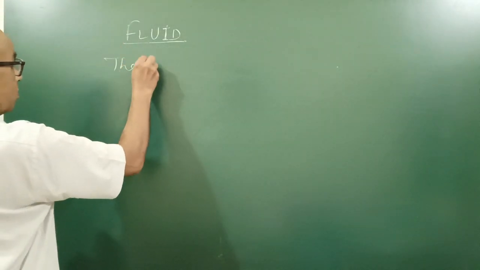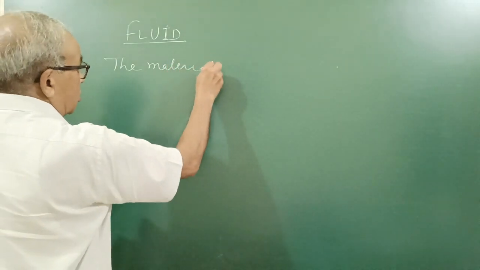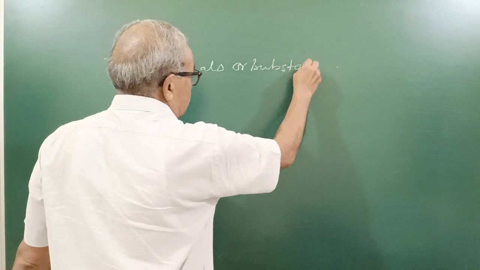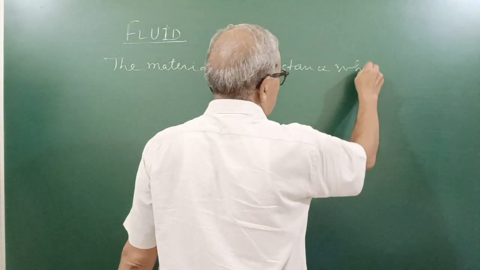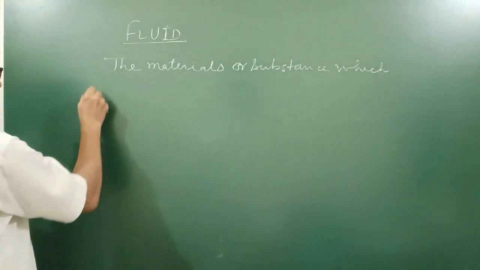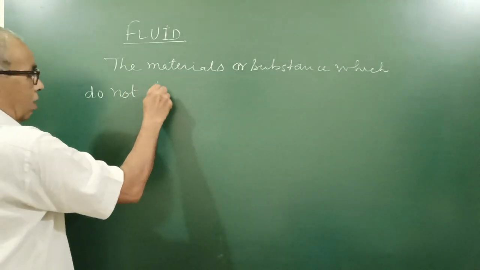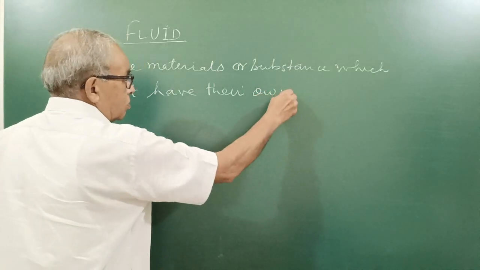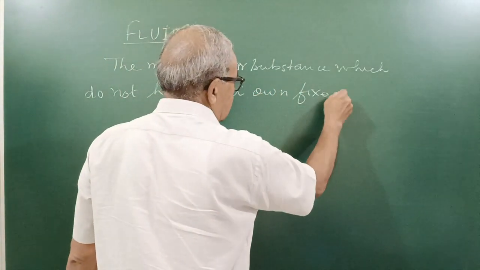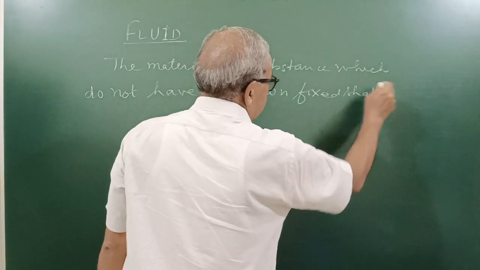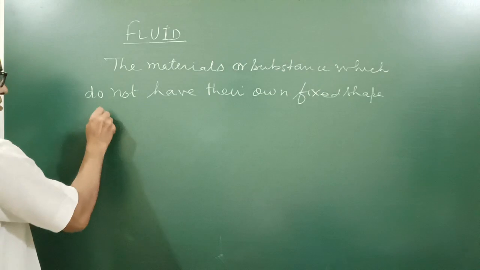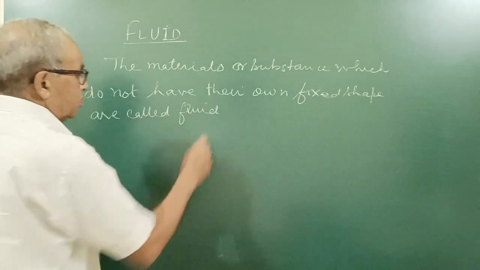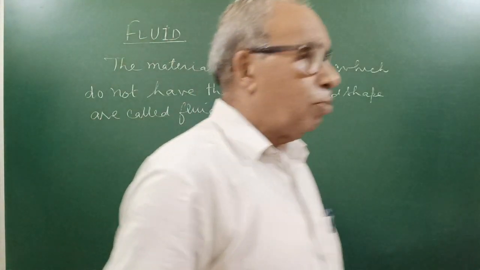The materials or substances which do not have their own fixed shape are called fluids. They take the shape of the container in which they are kept.